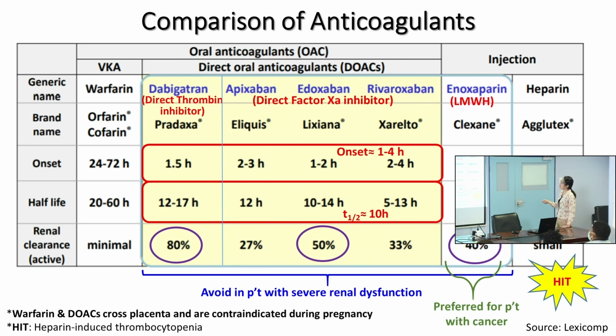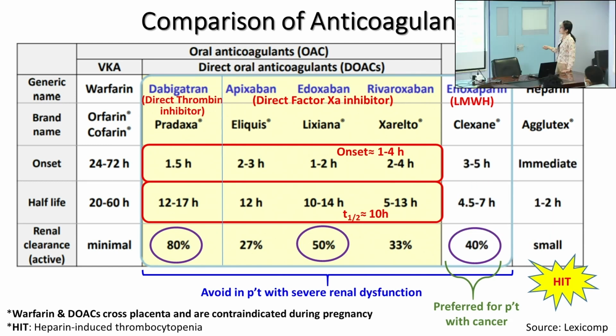You can see that warfarin takes longer time to take effect, and also has a longer half-life. However, most of warfarin is eliminated by the liver. So when a patient has renal dysfunction, you can still use warfarin because it is not much eliminated by the kidney.